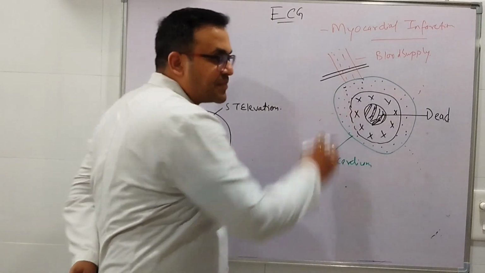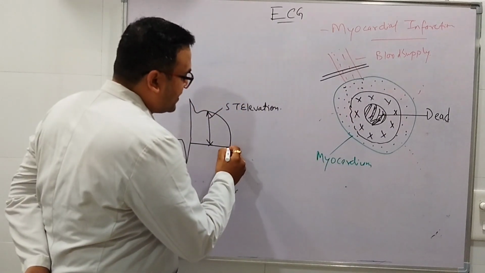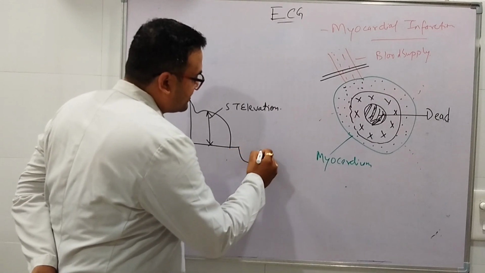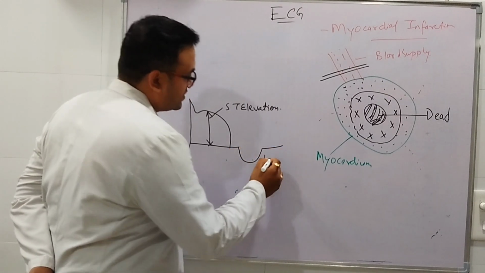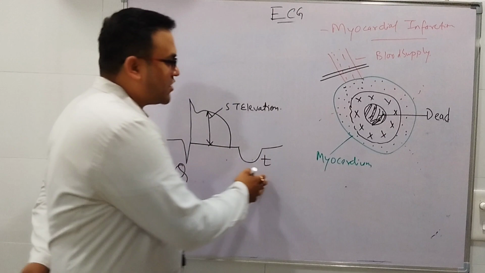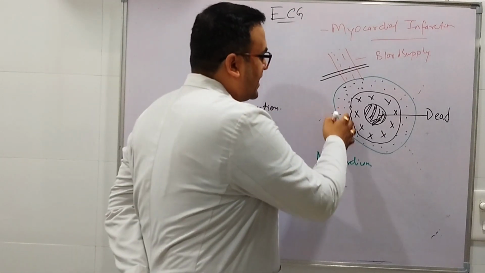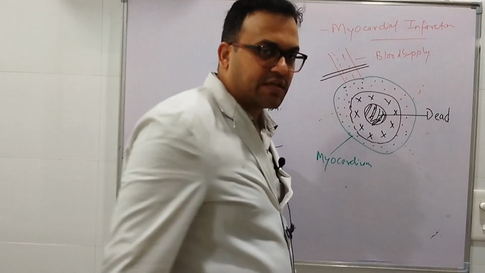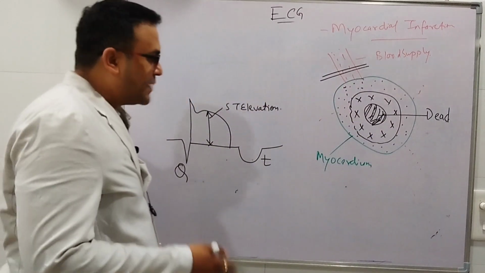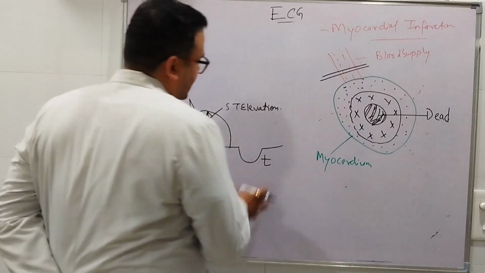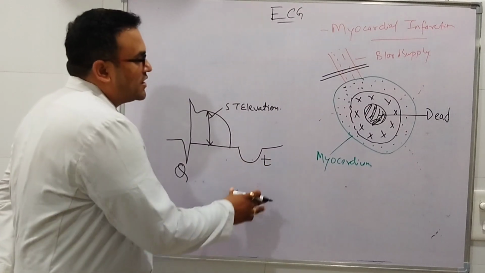But this is also our priority, and this is represented by inverted T wave. Normally the T is upright, but these are frightened soldiers, preparing to go to battle, and so it is represented by the inverted T waves.